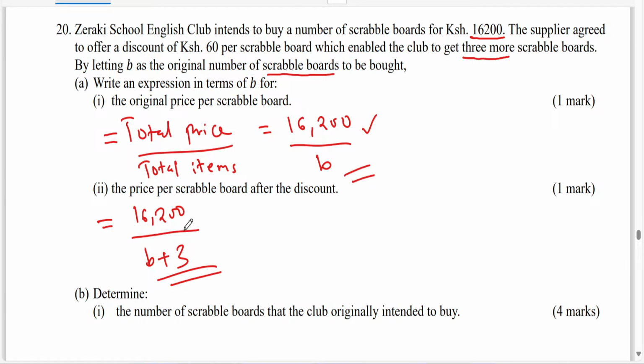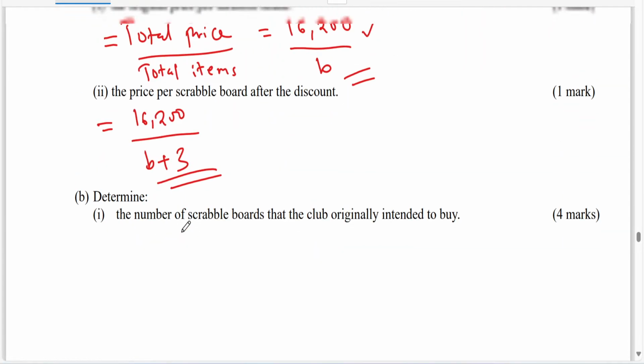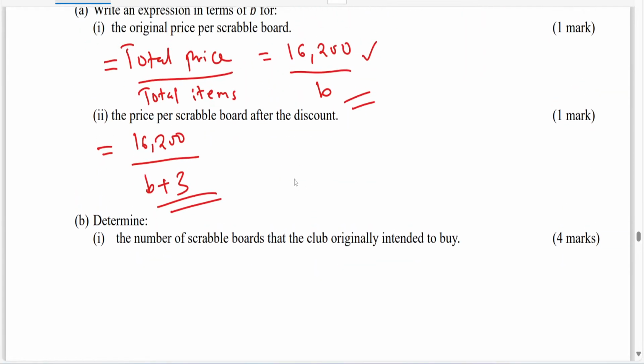So determine, question B, the number of Scrabble boards that the club originally intended to buy. So first, what you do, usually the price after the discount is usually smaller, but the price before the discount is usually larger.